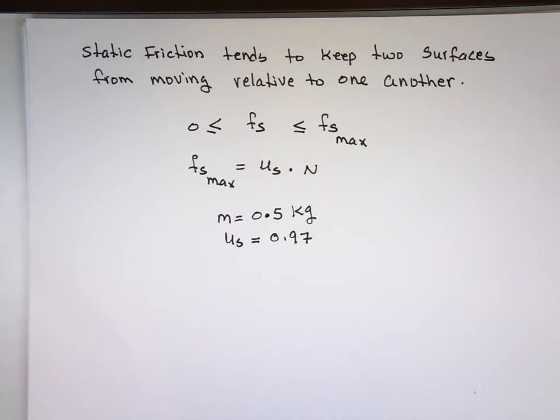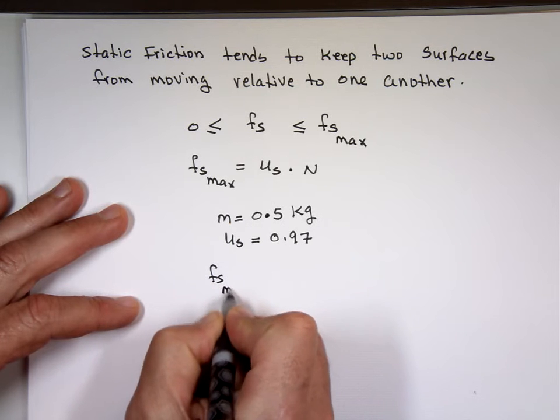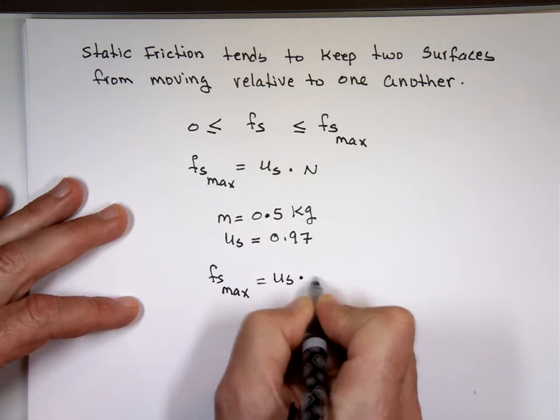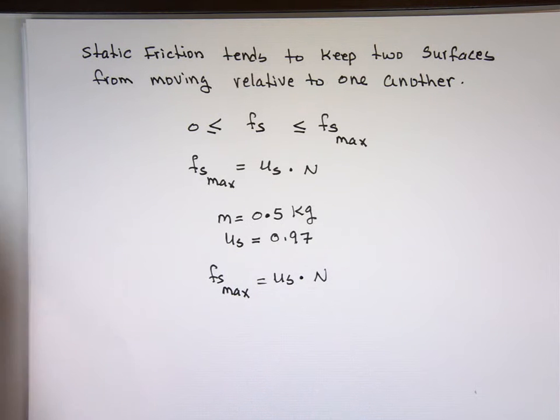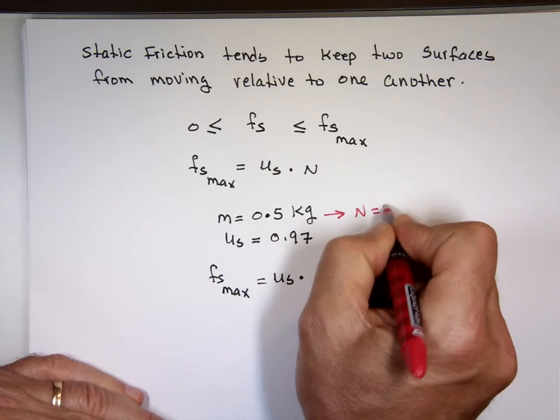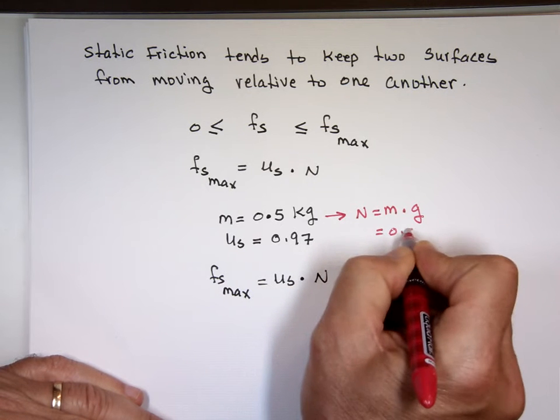So the maximum static friction is going to be mu s times n. Well, I need to find what n is. If we know the mass, we know n. N equals mass times gravity. The mass is 0.5. Gravity is 9.8.